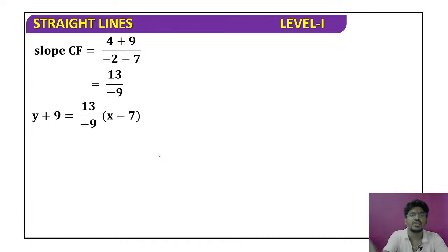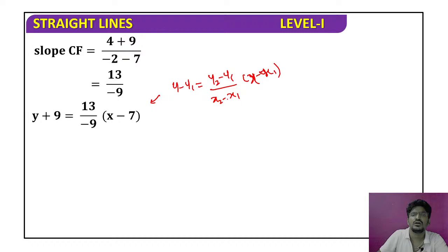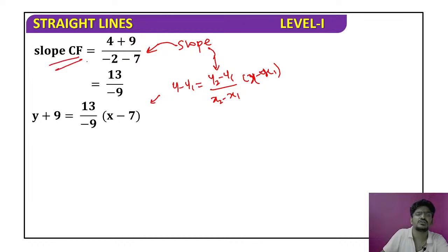Now you can use the equation, that is nothing but y minus y1 equal to y2 minus y1 divided by x2 minus x1 into x minus x1. Okay, so this is nothing but the slope. See this: y2 minus y1 divided by x2 minus x1, that is nothing but the slope.